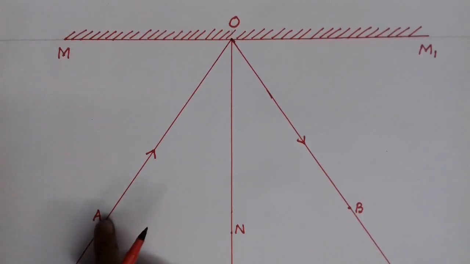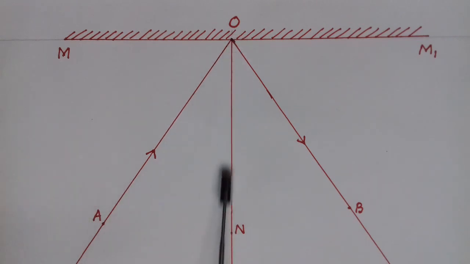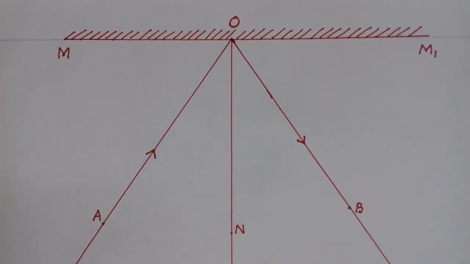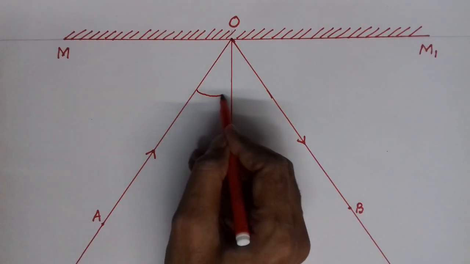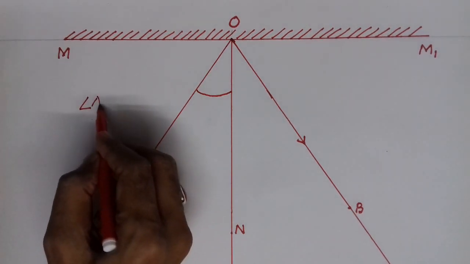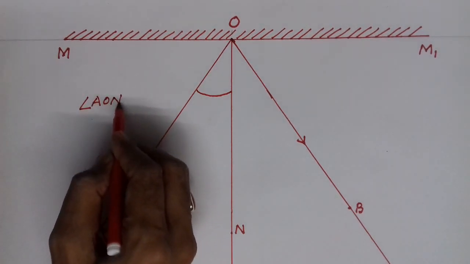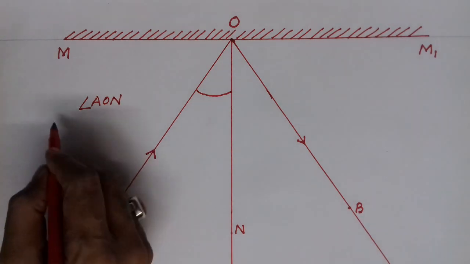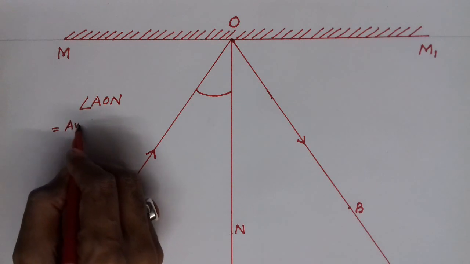An angle is formed between the incident ray and the normal. AON, this is the angle. Angle AON is called the angle of incidence.